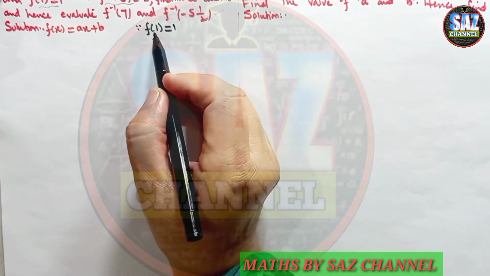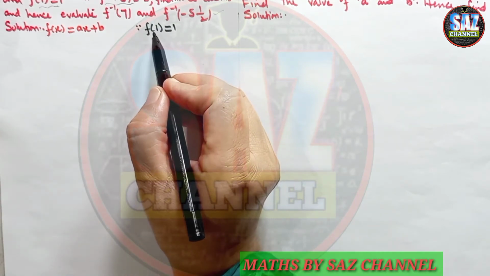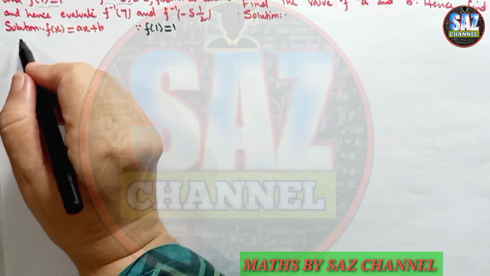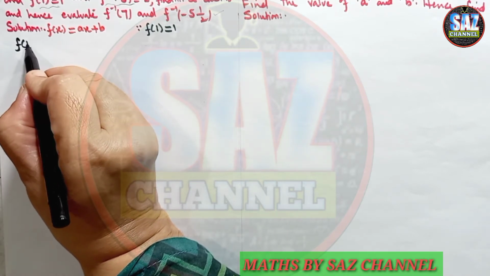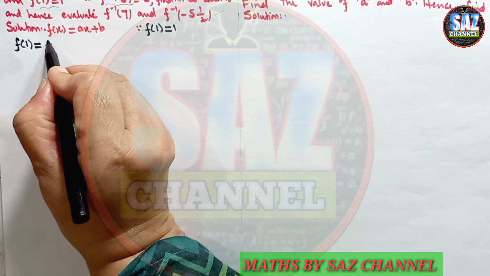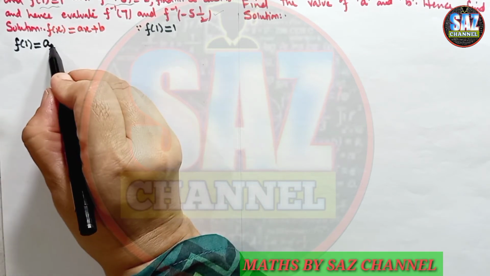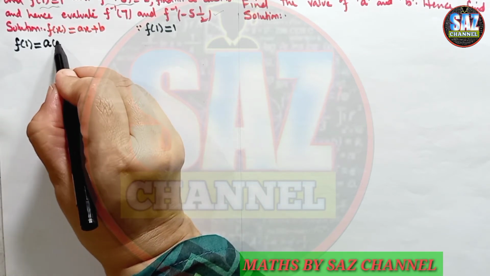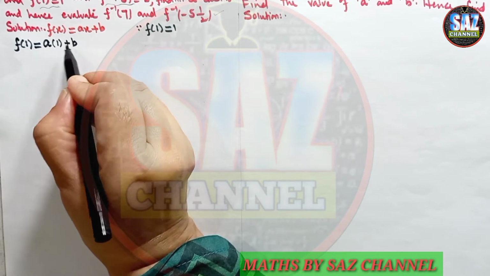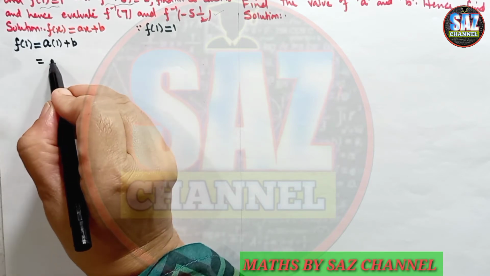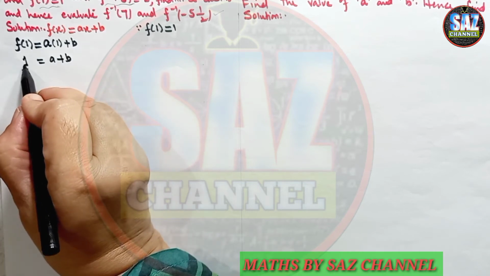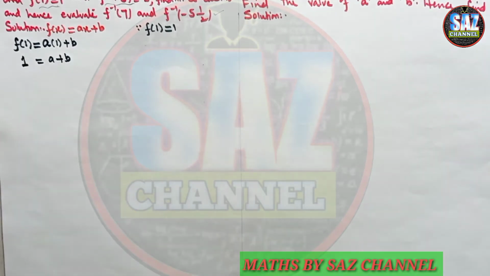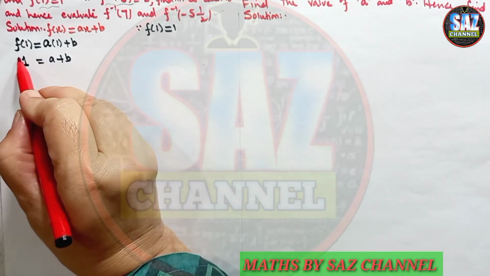It means that the domain or variable of the function is 1, so I have to replace x by 1. f of 1 equals a into 1 plus b, or it will take the form a plus b equals 1, because f of 1 is 1, and this is one of my equations. Let me block the equation.